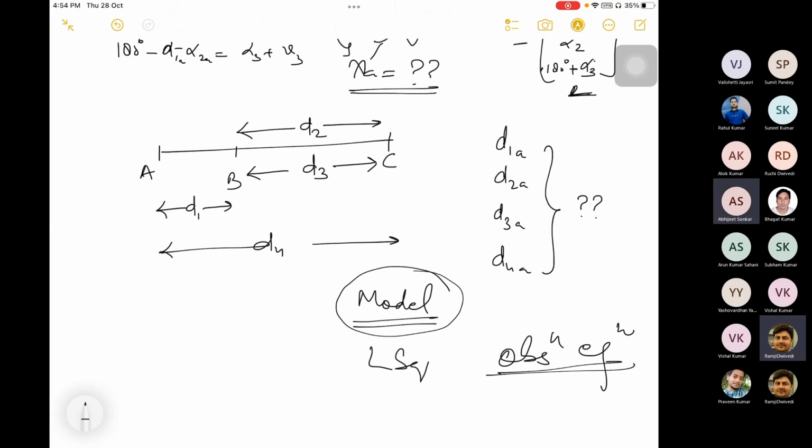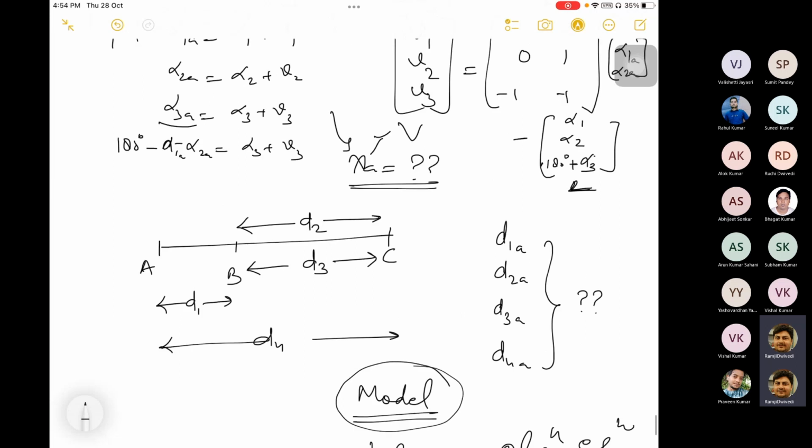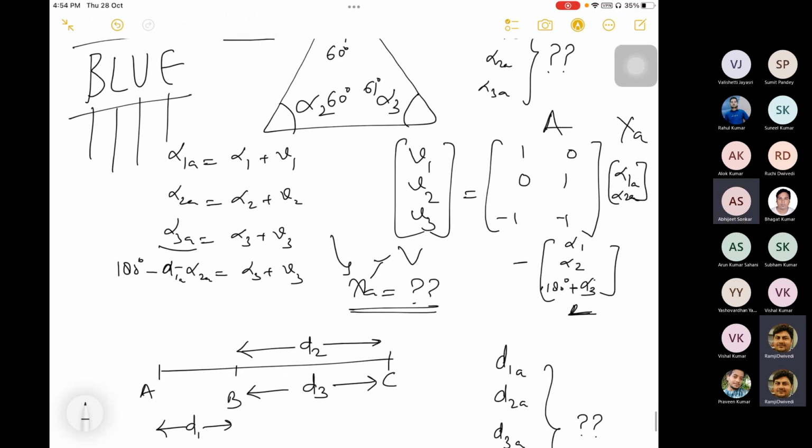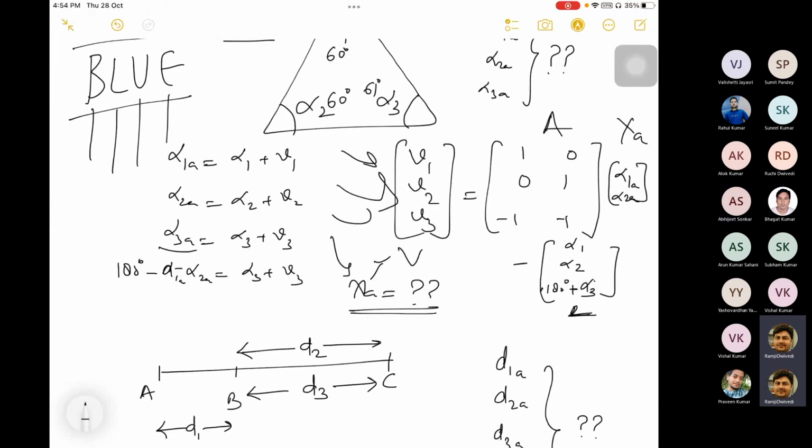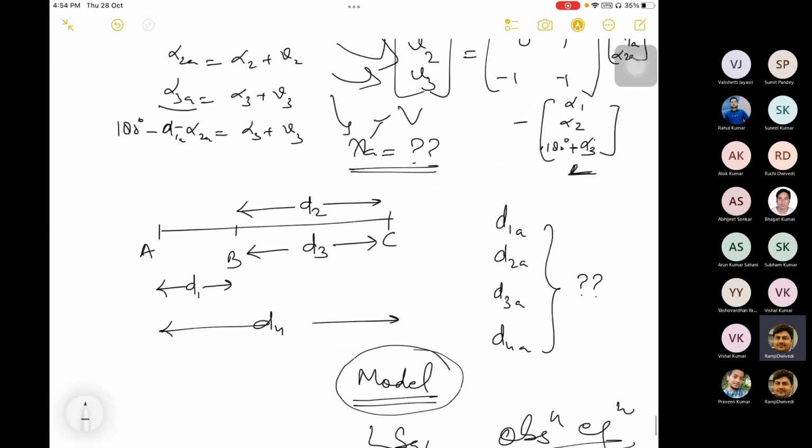Sir, D4A plus V equals D1A plus D2A plus D3A by 2. अरे मॉडल बताओ. This model, matrix model.